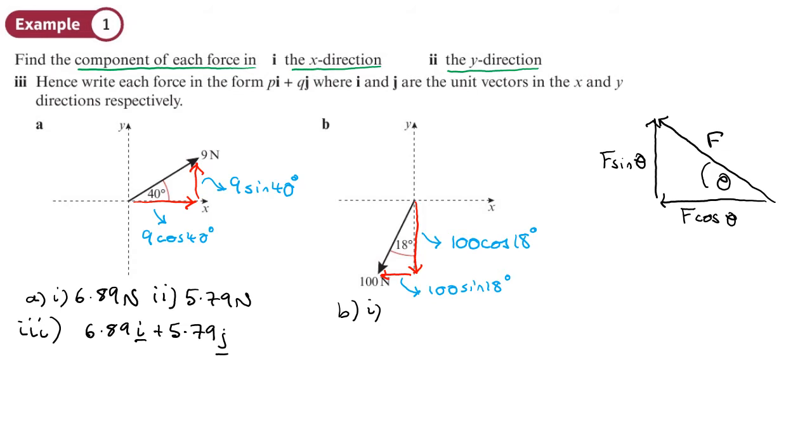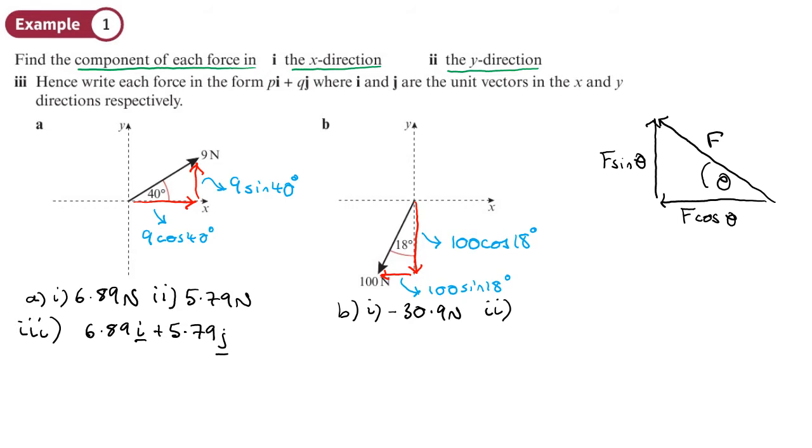Now I'm going to write it as, well, it's actually a force. I could write this as a negative or a positive. Really, when I do IJ, I'm definitely going to have the negative there. Let's put a negative, so minus 30.9 newtons.